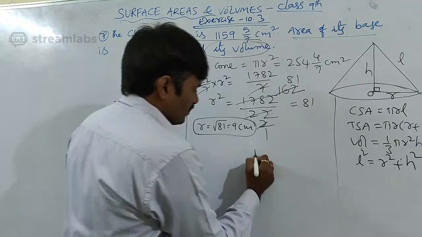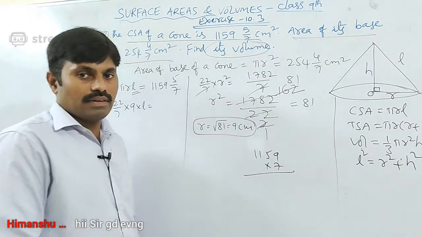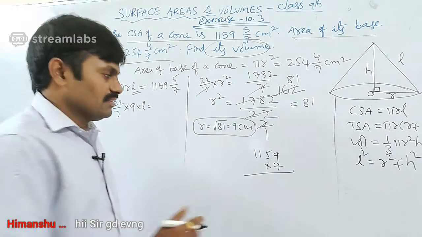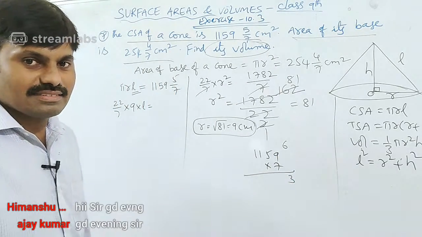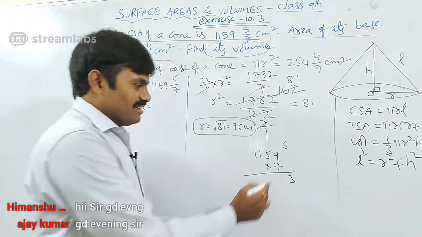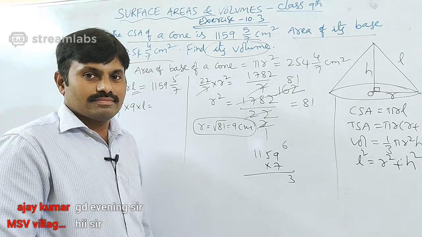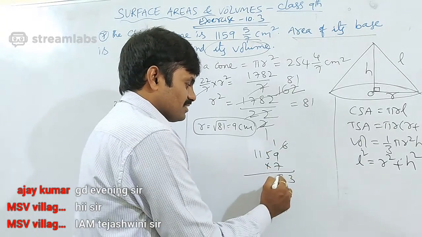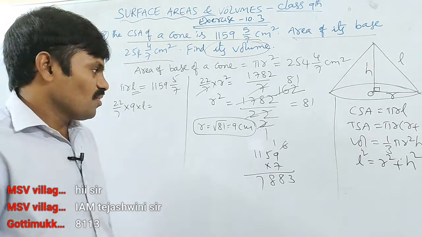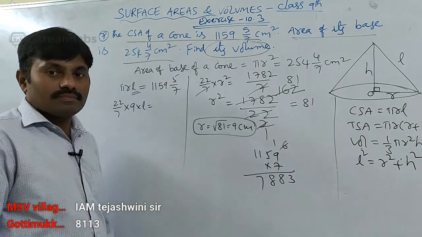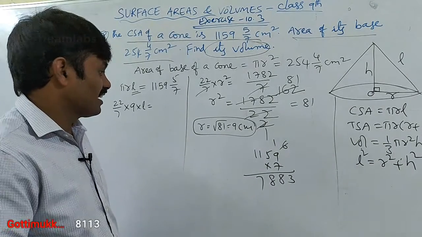So 1159 into 7, multiply. 7 9 is 63, 7 5 is 35 plus 6 is 41, 7 1 is 7 plus 4 is 11, 7 1 is 7 plus 1, 8.